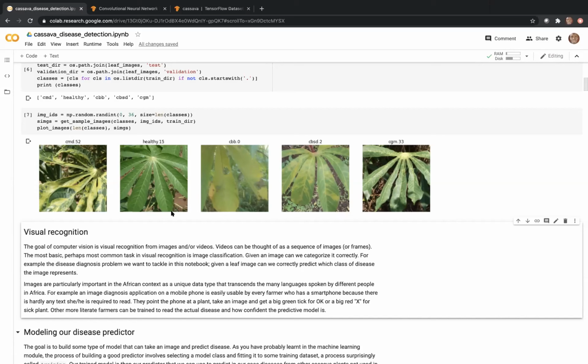The smoothness. Right. Okay. So which class, for example, would be easily identified by the smoothness of the edge of the leaf?